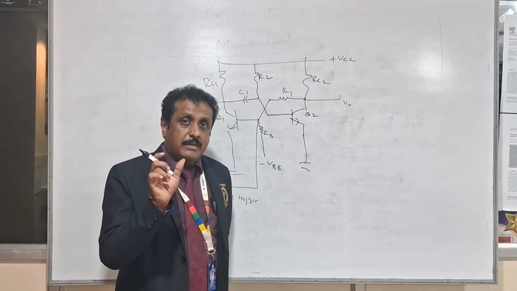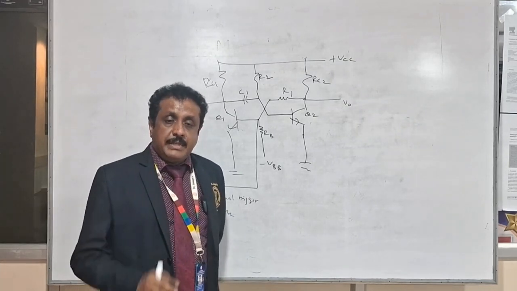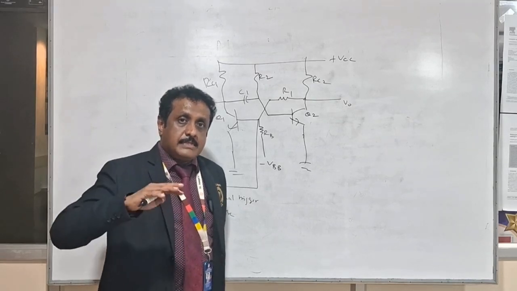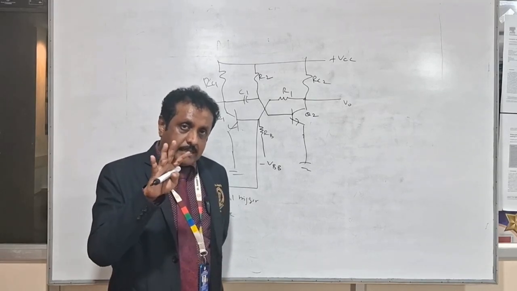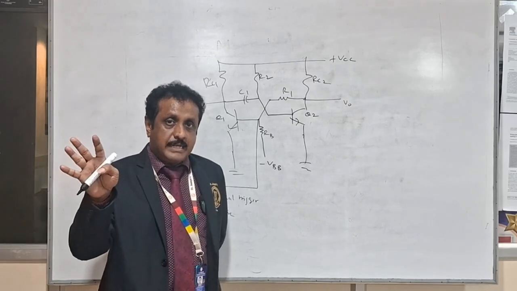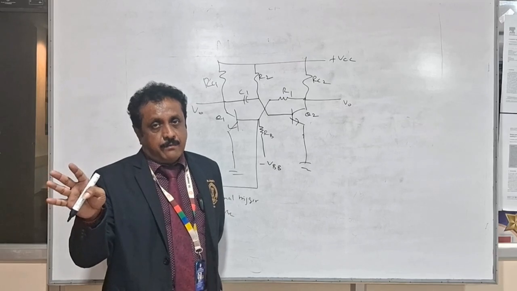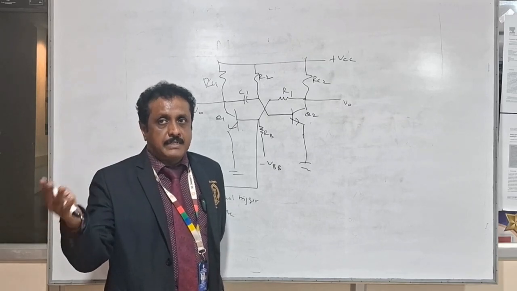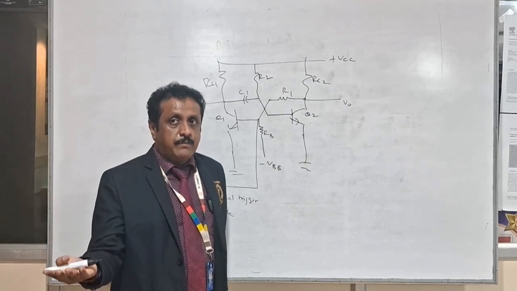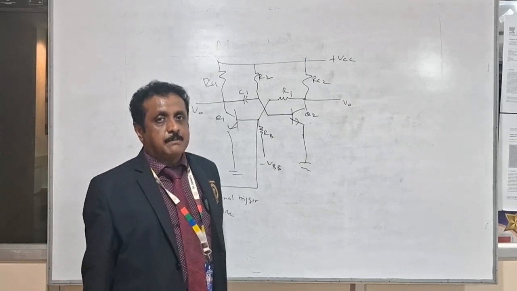That state we call the stable state. When the trigger pulse is given, the state change will happen. The entire circuit will go to one state, which is quasi-stable, and remain in that state for some time period. After the time period, the entire circuit will come back to its original stable state.